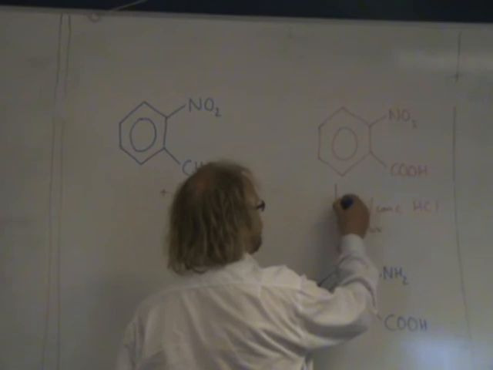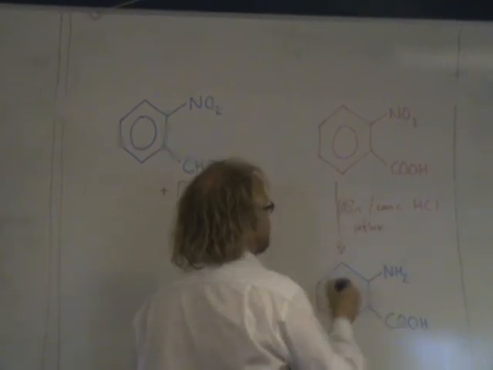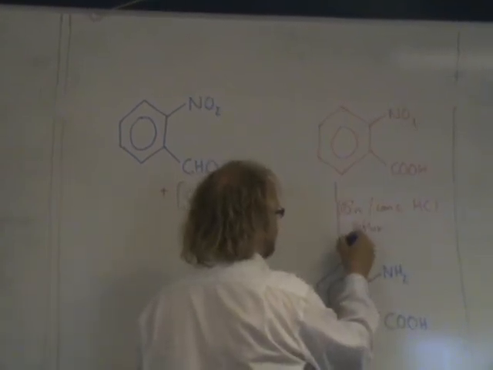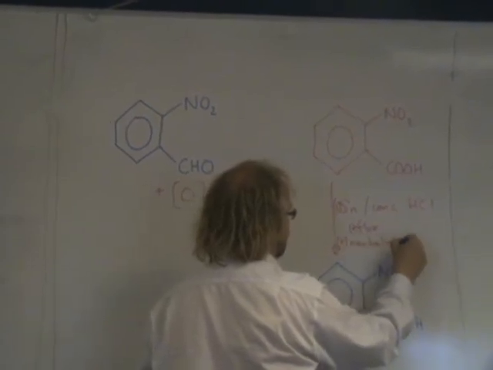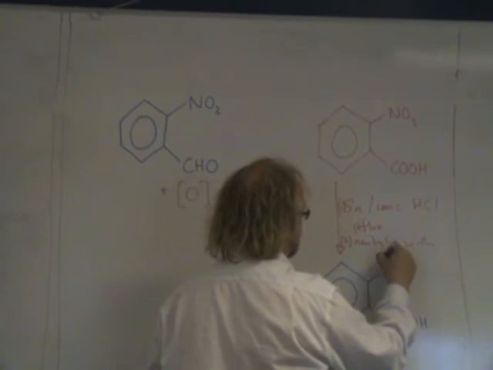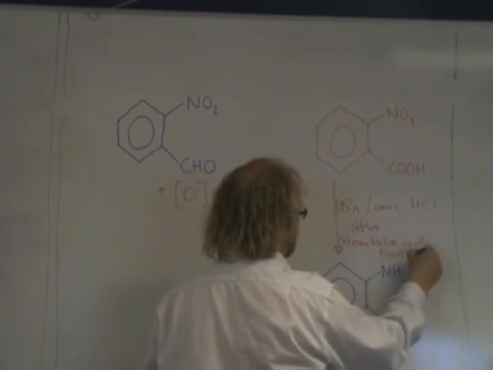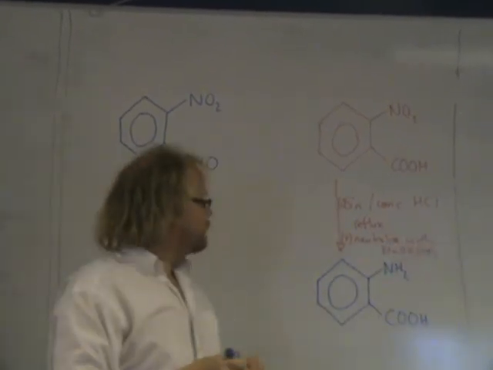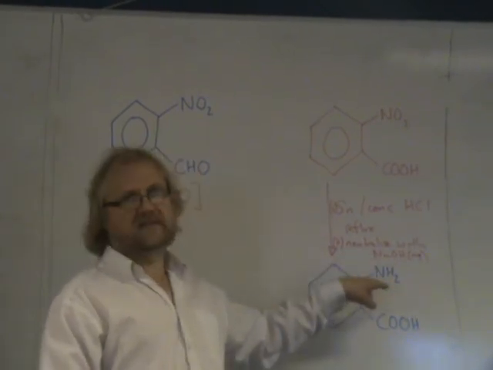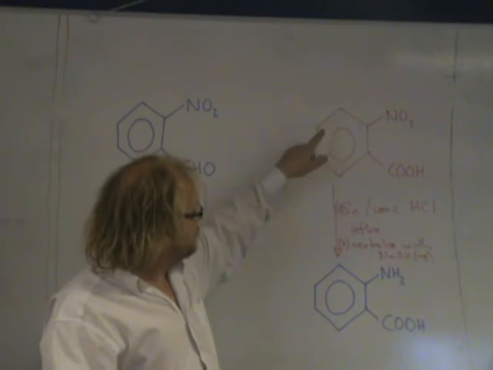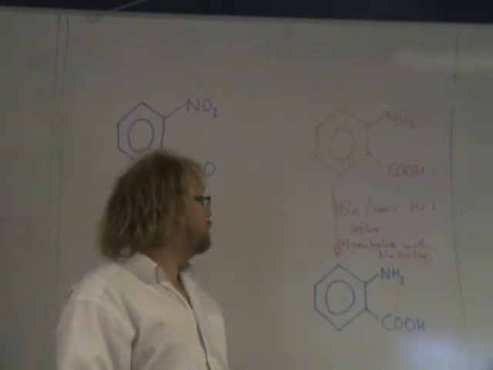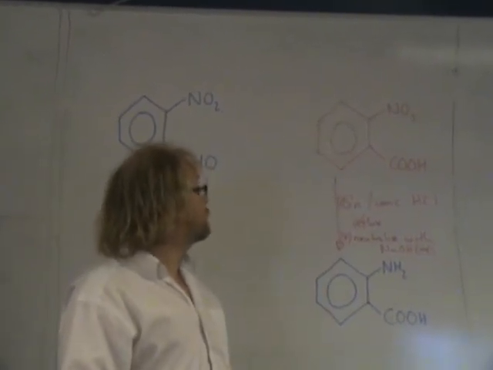So what you actually have to do is first that, the tin and HCl thing, and then neutralise, which you could do just with sodium hydroxide, aqueous sodium hydroxide. Because if you don't do that, then strictly speaking it doesn't produce this, it produces the salt. So two stages there, tin and conc HCl reflux to do the reduction, and then neutralise with aqueous sodium hydroxide.